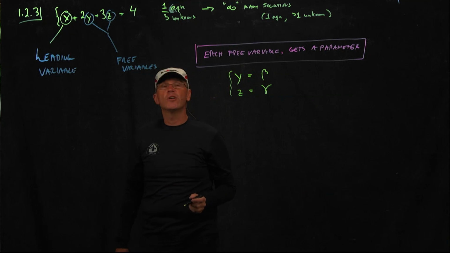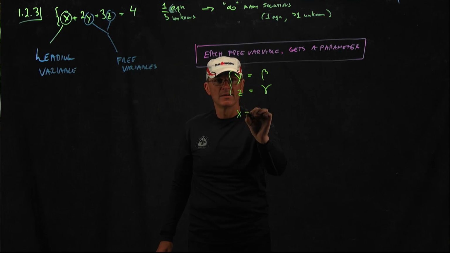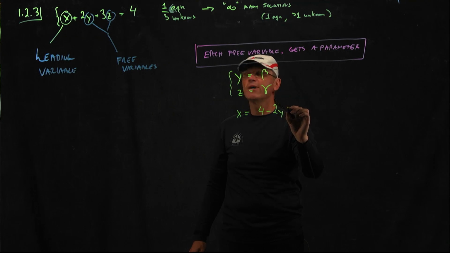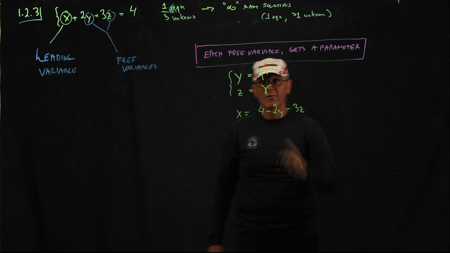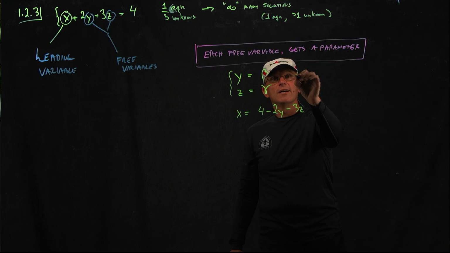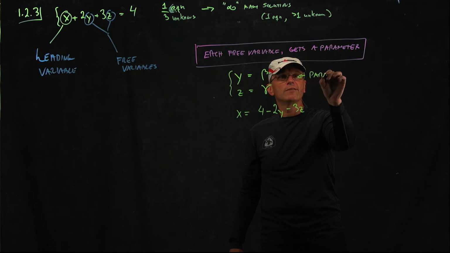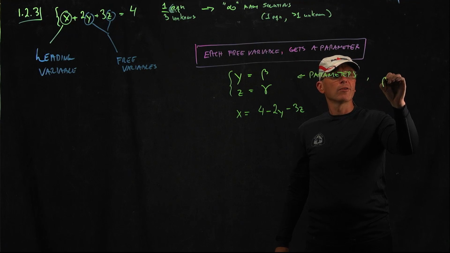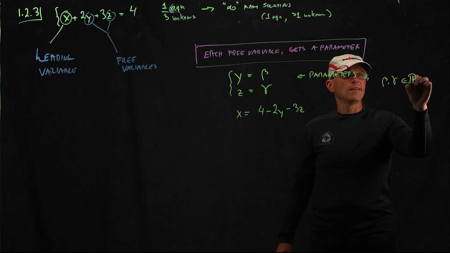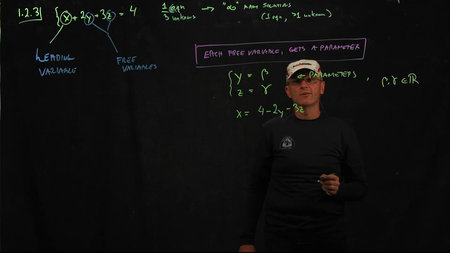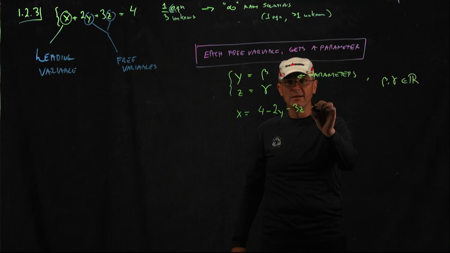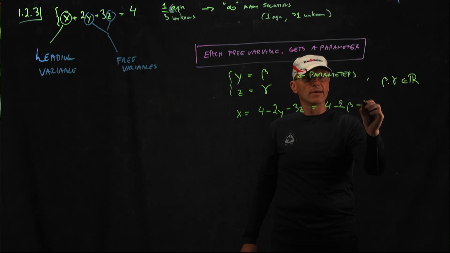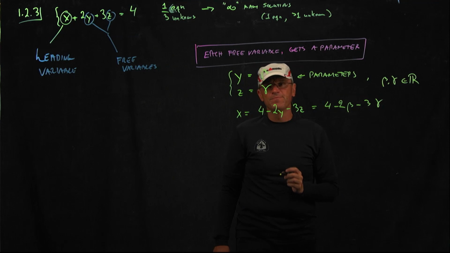Right. And of course, we can write x as 4 minus 2y minus 3z, or in terms of the parameters. So we have two parameters, and both beta and gamma can take all values in R, from negative infinity to positive infinity. So 4 minus 2 beta minus 3 gamma.